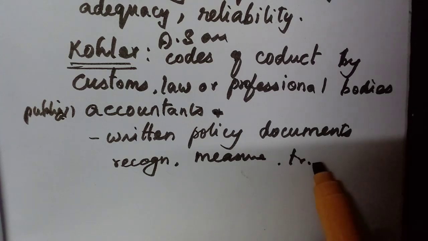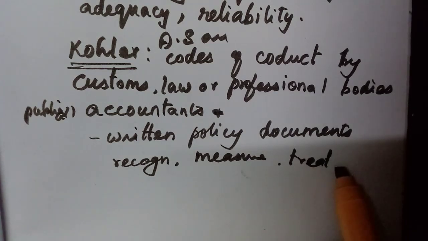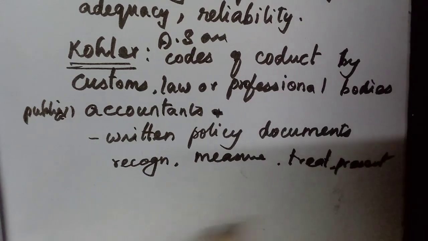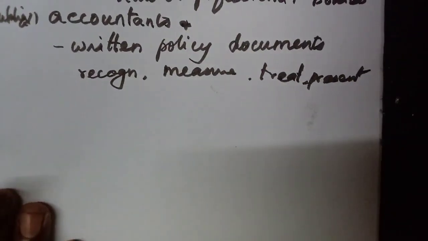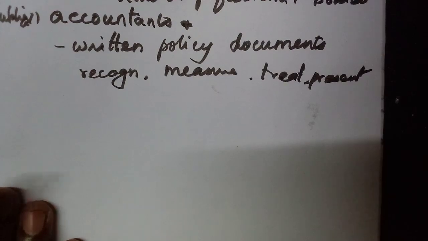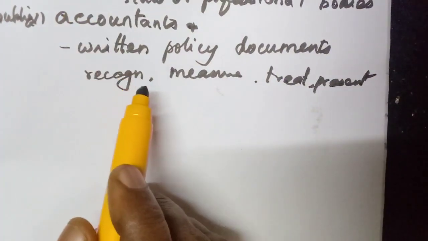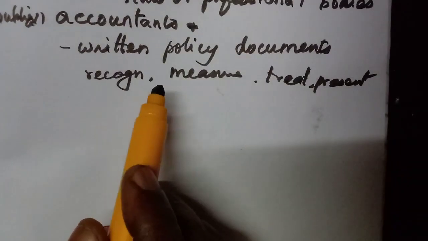How we have to measure, how we have to treat some of the items, how we have to present them. Everything will be clearly defined. That is called accounting standards.